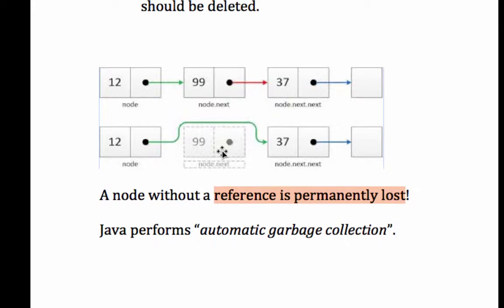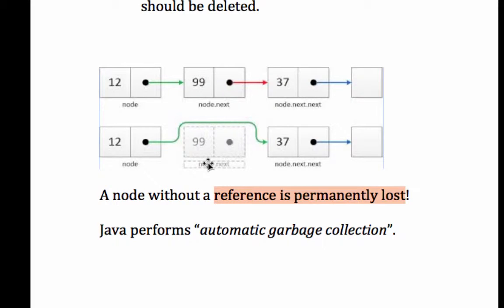This is what in Java is called garbage. Why is it garbage? Because we have data like 99 and a field called next stored in memory, but we have no way to retrieve that information because we don't know where that address is located.